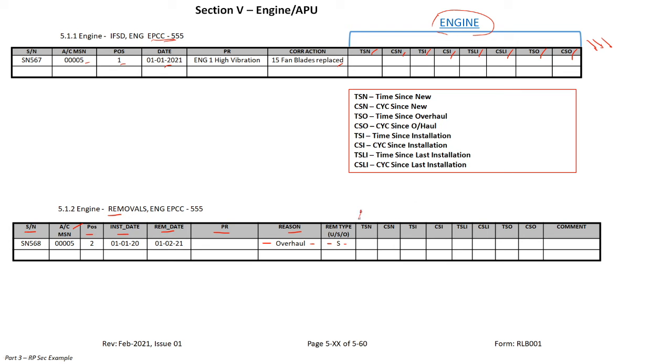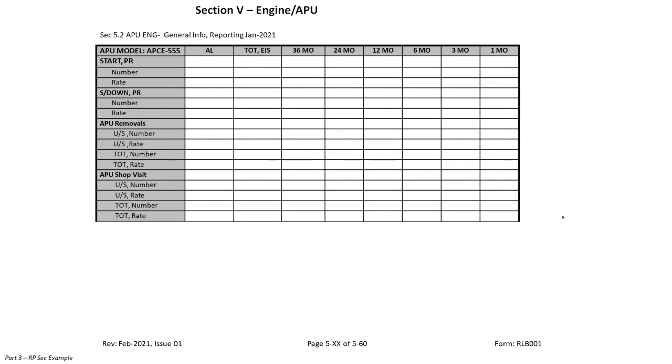Next items, we already had a discussion, so not going through all the times and cycles info. And last but not least, the comments. As we already said, we can add some interesting columns here. Now let's move to the next slide and see what's happening from the APU perspective.